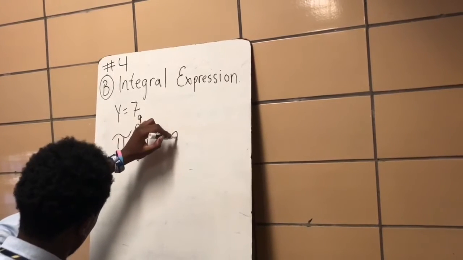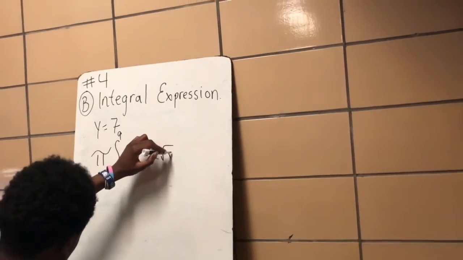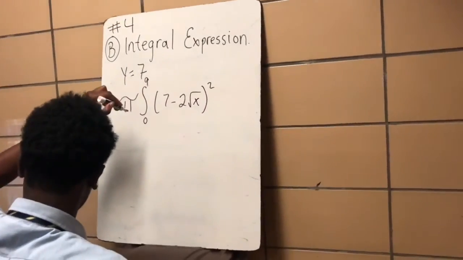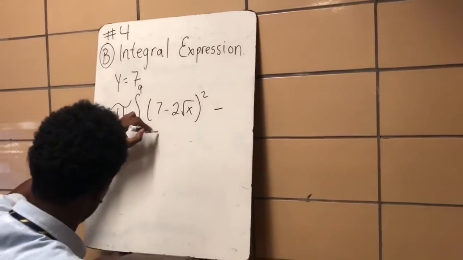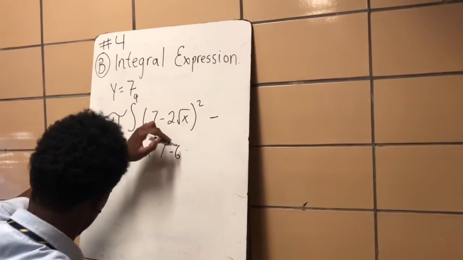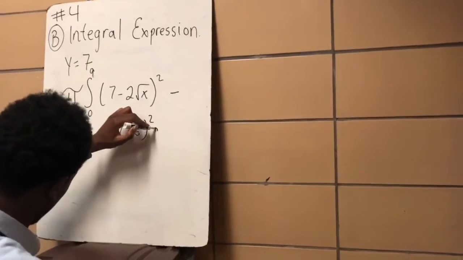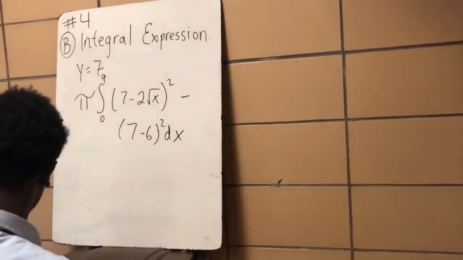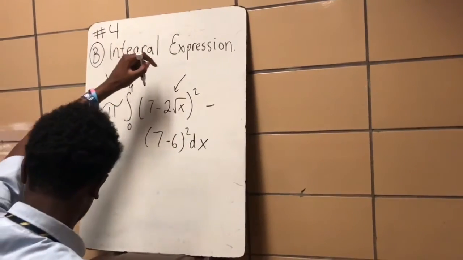With that, you do pi integral from 0 to 9, parentheses, 7, which is the axis of symmetry, minus 2 radical x squared. Two radical x is the bottom function, and you subtract that from 7 minus 6 squared dx.